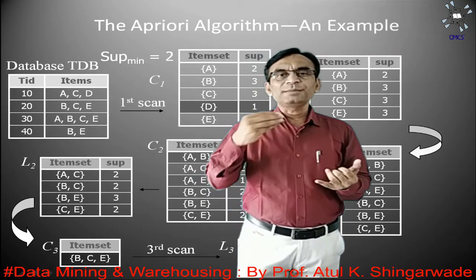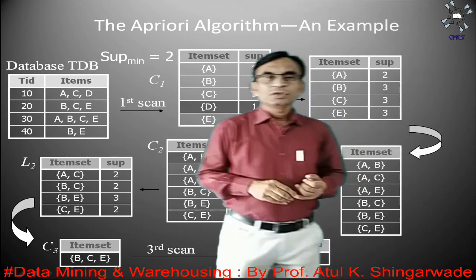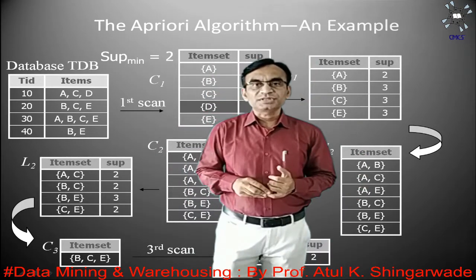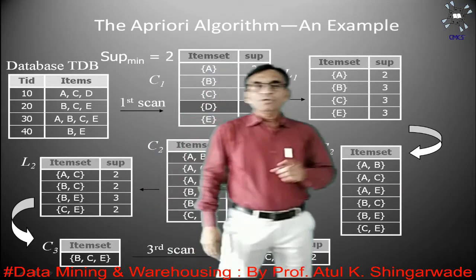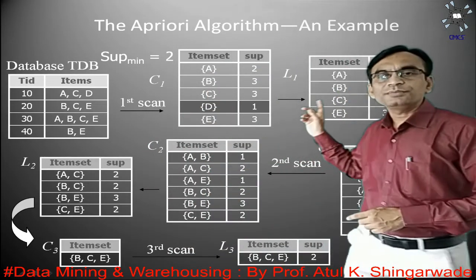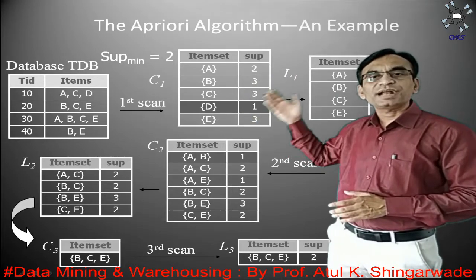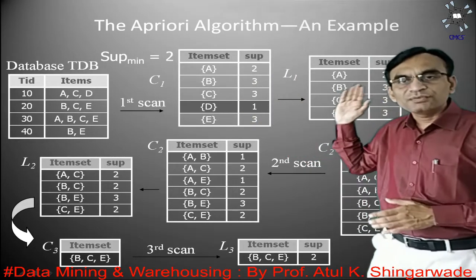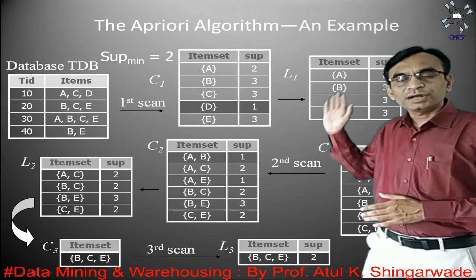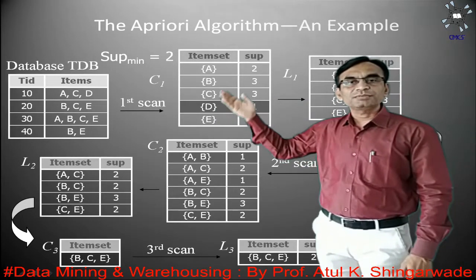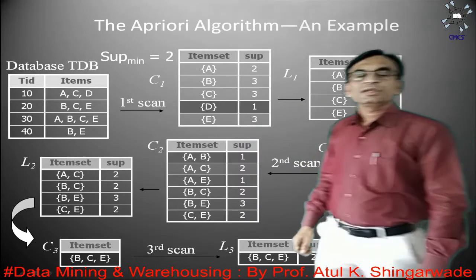So self joining and pruning, we have to repeat until we get no more frequent item sets, of course. Now once this level 1 item set is found, which is generated from the candidate 1, level 1 is itself known as the one frequent item set.